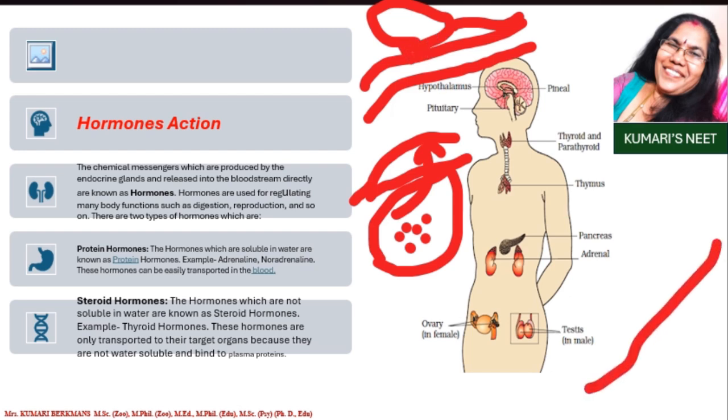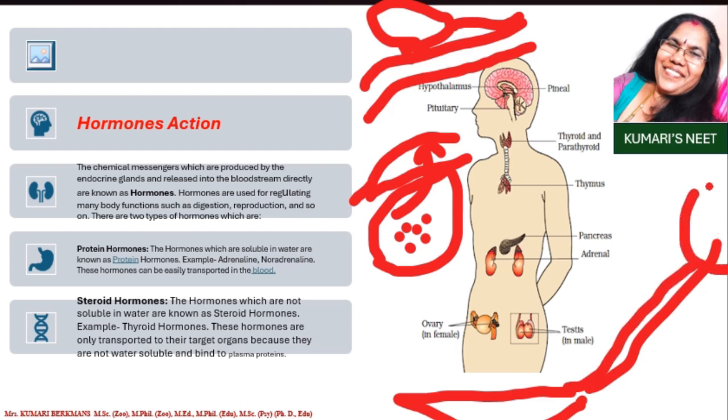For example, pancreas sends the pancreatic juice through the duct to the duodenum. So this gland is called an exocrine gland. They secrete and send the secretion out through the duct to the organ, so it is called an exocrine gland.